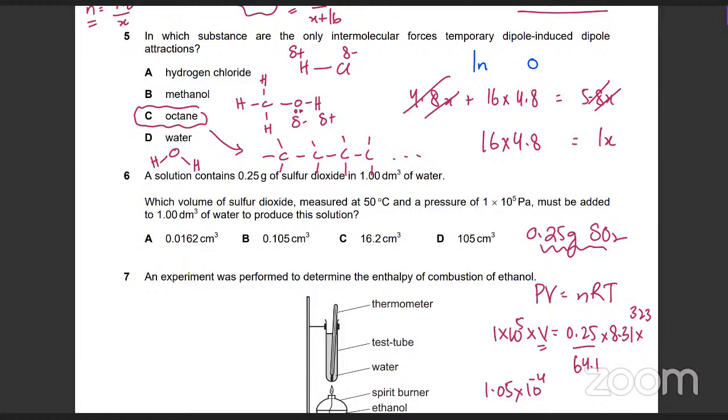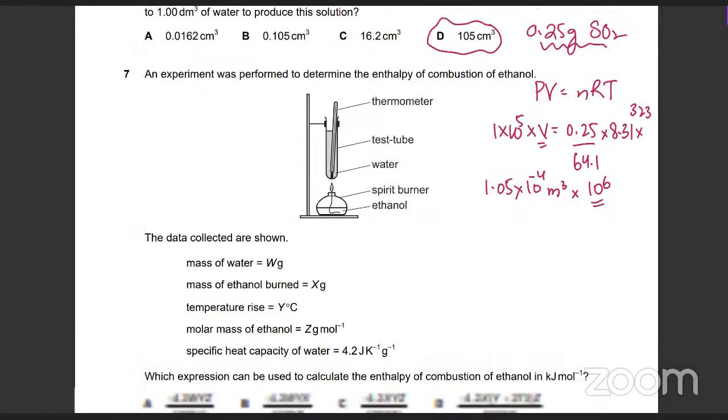In PV = nRT, what's the unit for volume? That's always meter cube, sir. So now you have to convert this into cm³ because the answers are in cm³. So how do you go from m³ to cm³? Multiply by 10^6. Basically, you have to multiply twice by 1000. And that would probably give you D, 104.8.